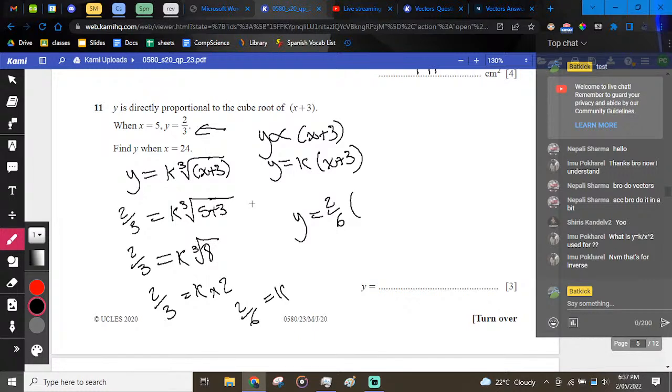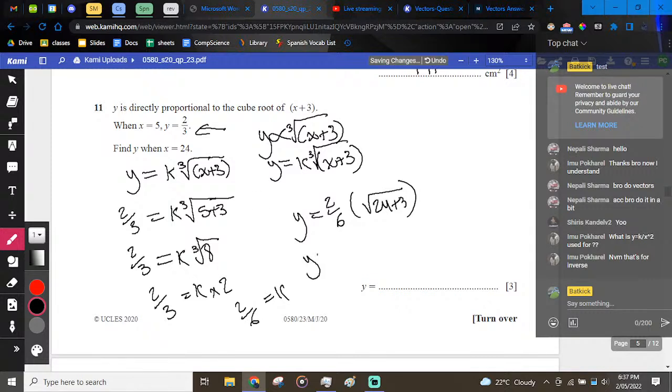And they've given, oh, I forgot about this, cube root of x plus 3. And they've given you x here. X is 24, 24 plus 3.